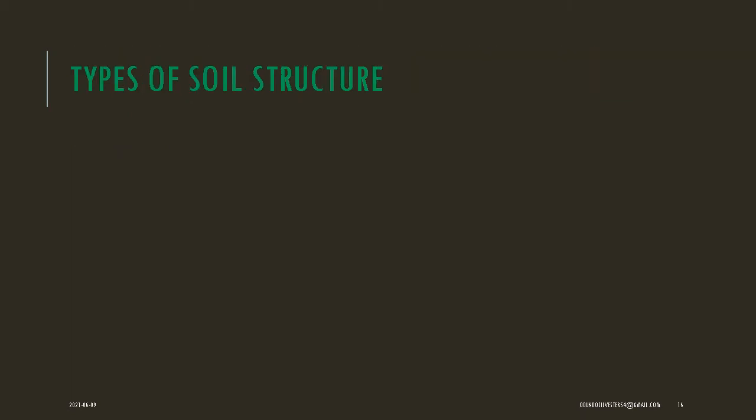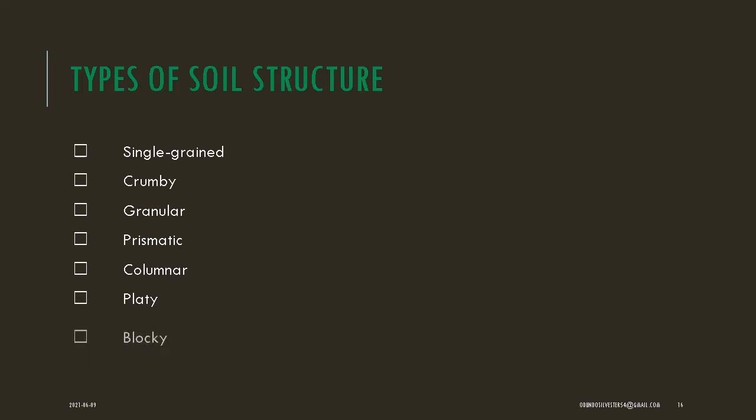Now, types of soil structure, we have diagrams that explain that in the next slide. But here, we have single grain, crumbly, granular, prismatic, columnar, platey, and blocky. Remember, when we're talking about crumbly, we are giving the example of a structure such as that of bread. Granular, these are just granules.